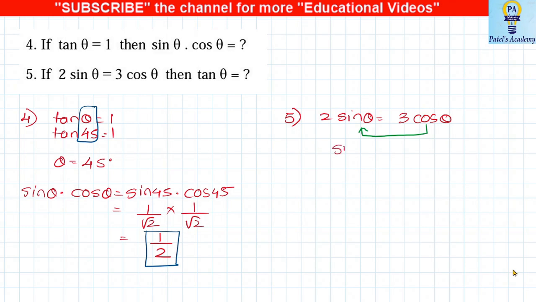I will get sin theta upon cos theta, and I'm shifting 2 on the right hand side. So what I'll get? 3 upon 2. And we know that sin theta upon cos theta is nothing but tan theta. This is what we want. Okay, and if they ask find cot theta, it is going to be the inverse of this, that is 2 upon 3. Okay, a simple sum.